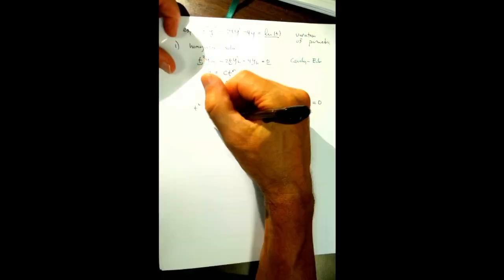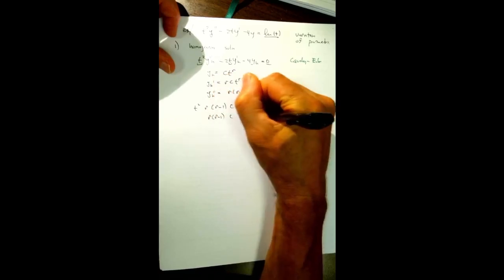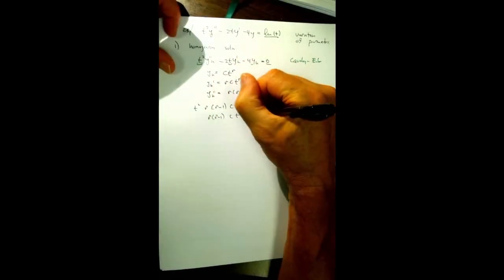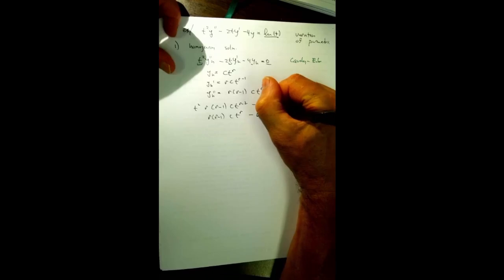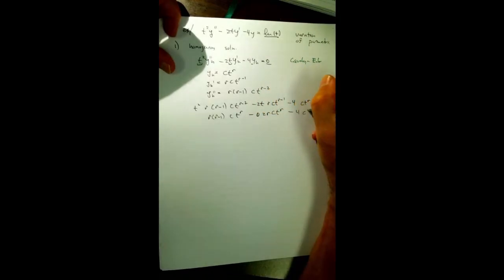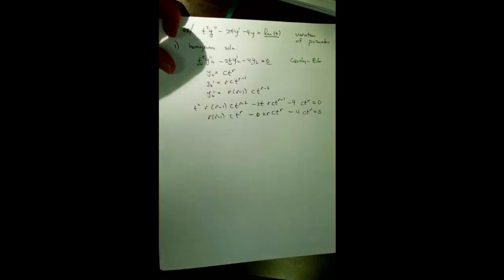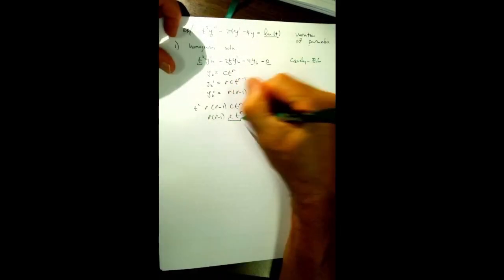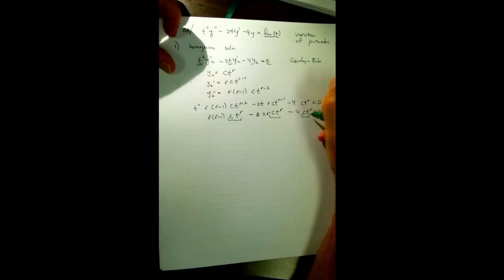Let's clean this up. So I combine the t terms. This becomes t to the r. So this becomes minus 2r times ct to the r. And I'm going to leave the last term alone. And now I notice I can factor out a ct to the r.